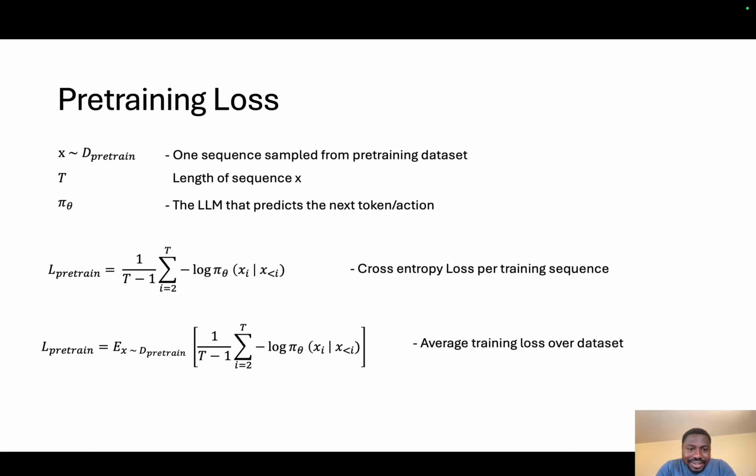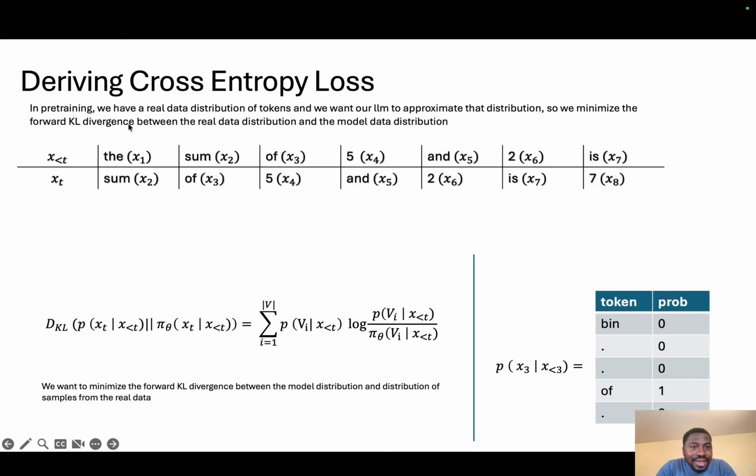And we can derive this exact equation very simply from the KL divergence, right? If you think about it, what we are trying to do is minimize the KL divergence between the real data distribution, which we already know from our data set, and the model distribution, which is the model we are training, right? We want pi theta to be as close as possible to the real data distribution.